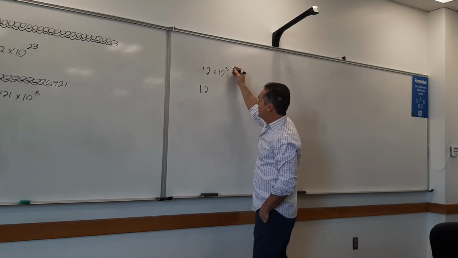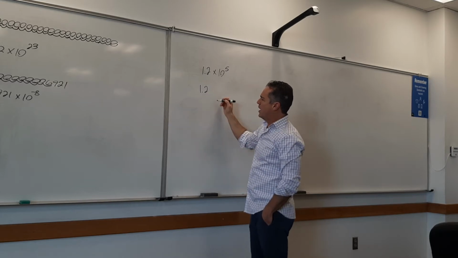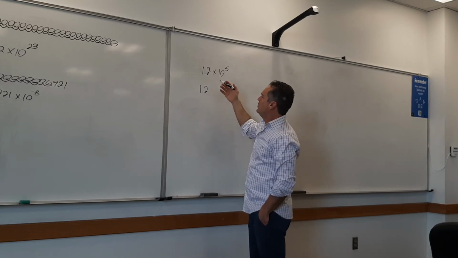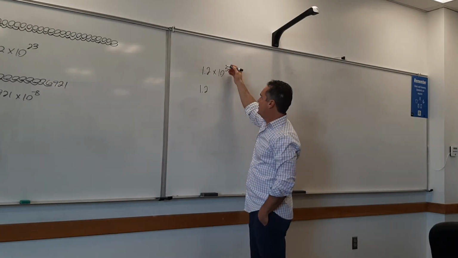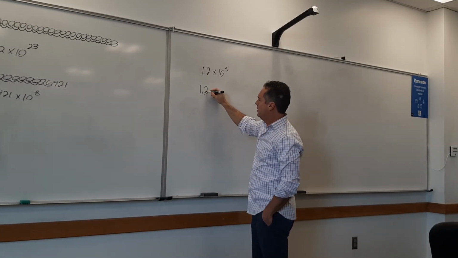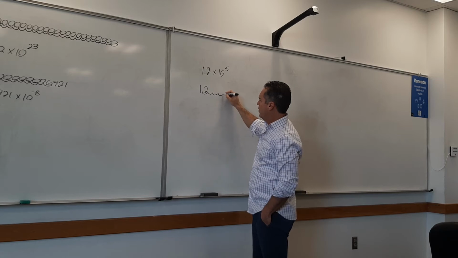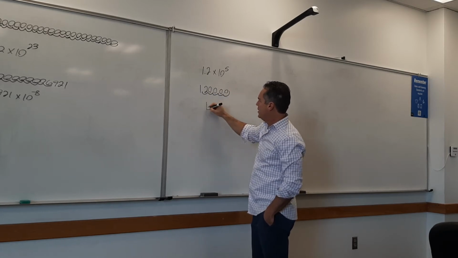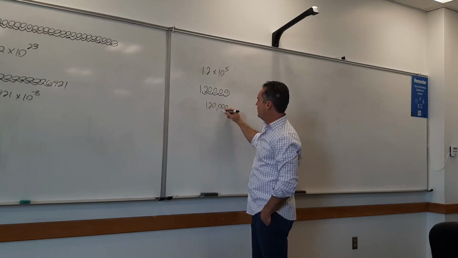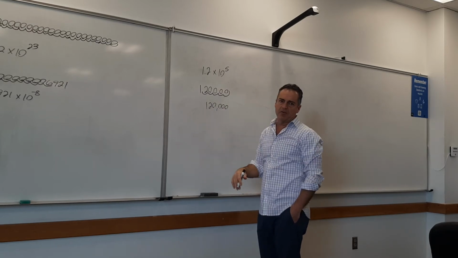Because the exponent is positive, do we want to go left or right? In this instance, we want the number to be bigger than 1. If we go to the left, it's going to be less than 1, that would be a negative value. So we're going to go to the right here. We're going to go 1, 2, 3, 4, 5. And I like to use this loop-de-loo method because then you can fill in all the loops with zeros and you end up here with 120,000. So 1.2 times 10 to the 5th is 120,000.